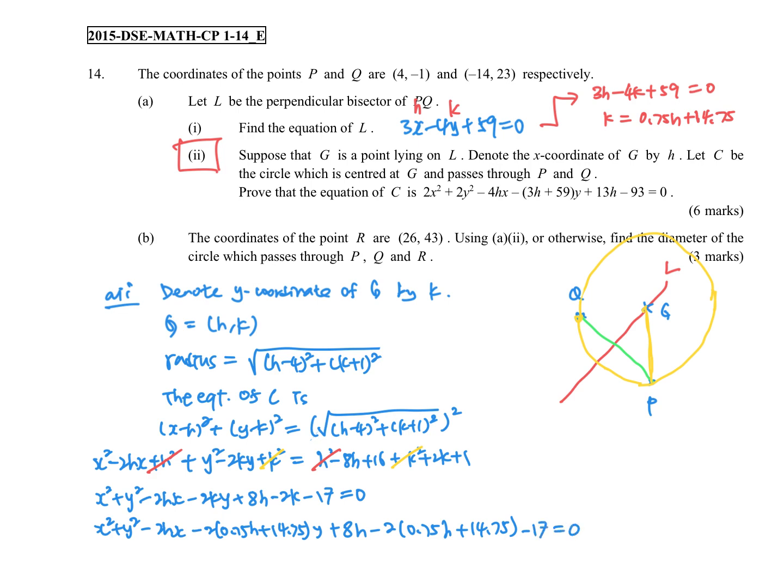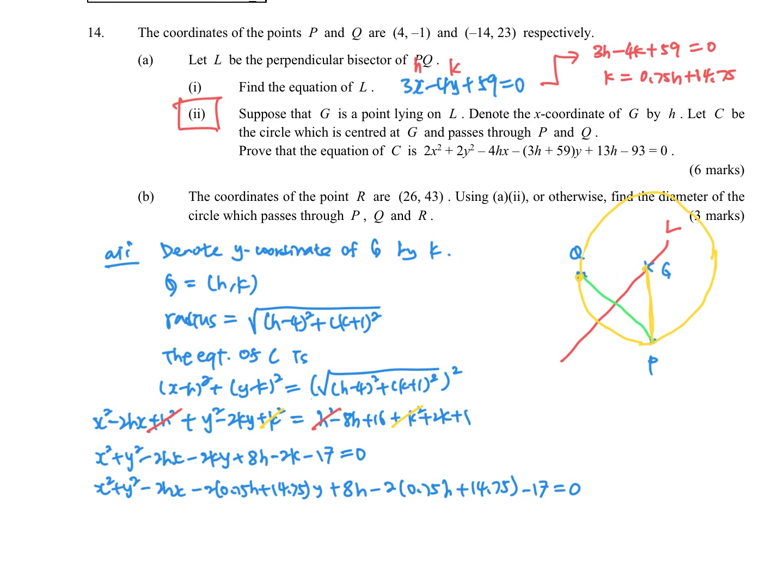You can see the equation has 2x squared plus 2y squared in the bracket. So remove the bracket and multiply the whole thing by 2. So we'll get 2x squared plus 2y squared. This is minus 4hx. And then the thing inside, 0.75 times 2 and times 2, so that's 3. And then 14.75 times 4, so that's plus 59, yep, bingo.